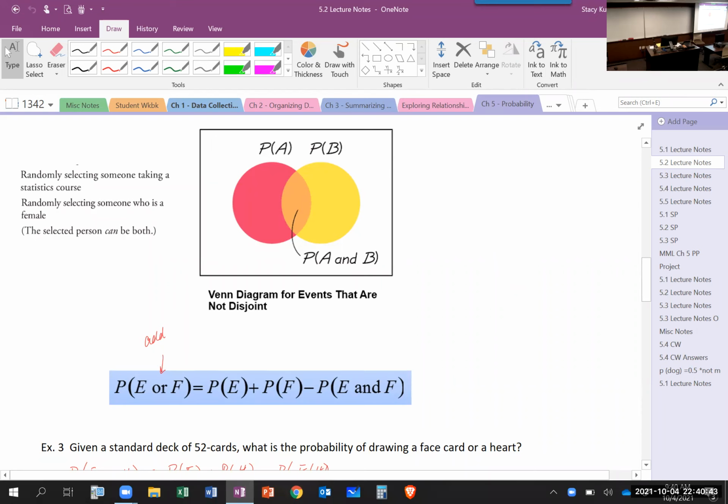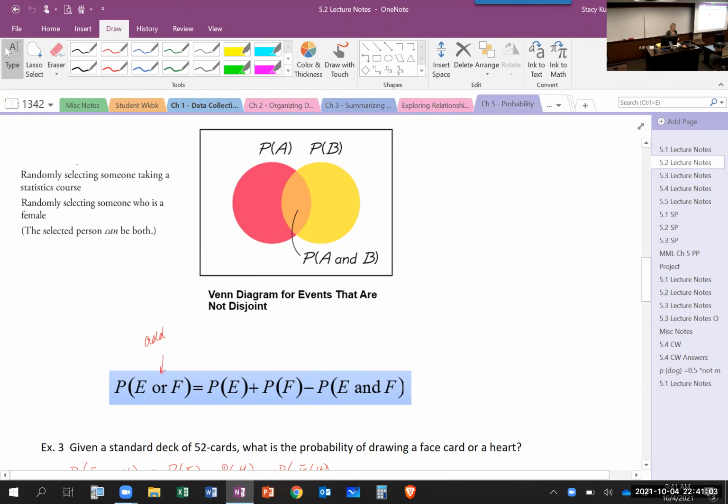Remember, we don't want to double count certain items. We can think of our addition rule as this general addition rule, because if we don't have anything in common, then we wouldn't have anything to subtract off. So we can summarize it in this one particular rule.